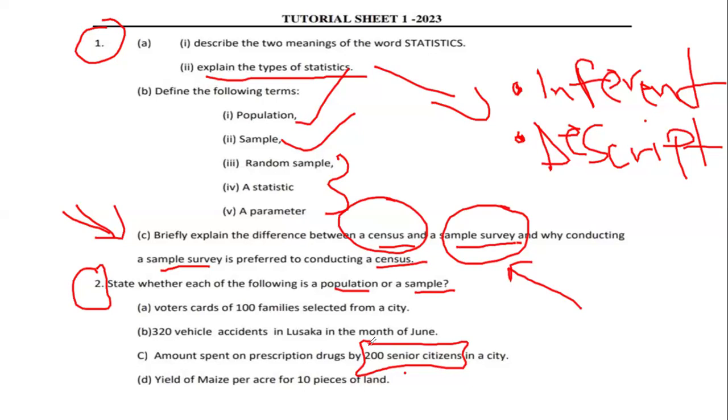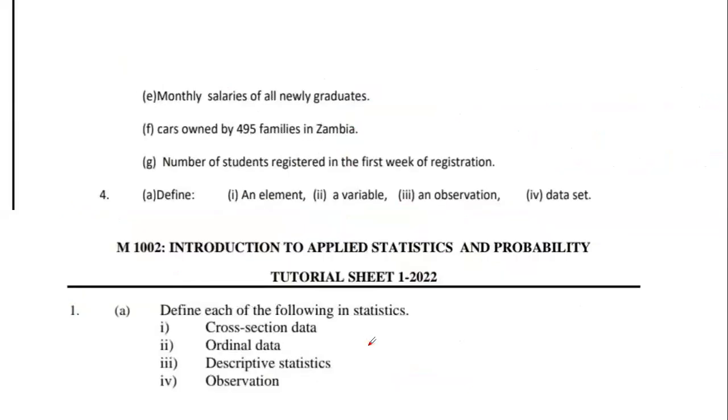Okay, do I have more? I think I do. So E, they're saying monthly salaries for all newly graduates. Is that a sample? It's a population, because they're saying salary is for all, so that's a population.